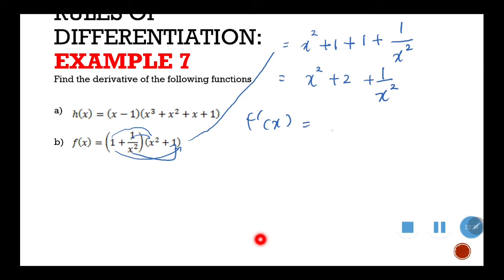You will get 2x minus, this one here can be rewritten like this, right? So 2x minus 2x to the power of minus 3. So the final answer is this.